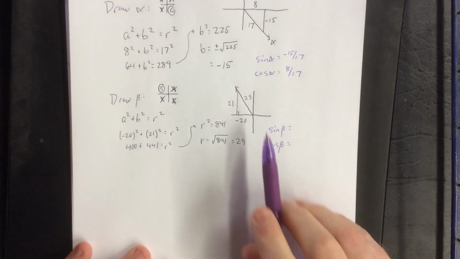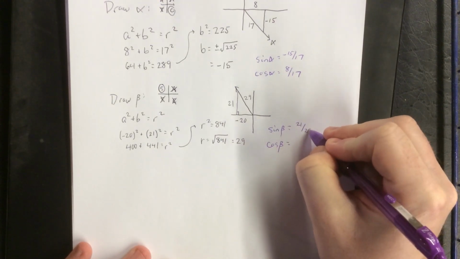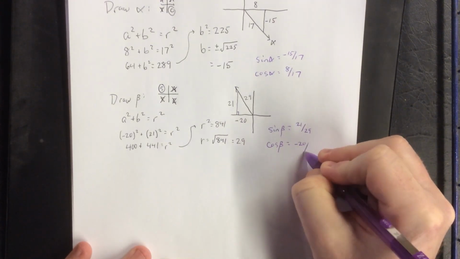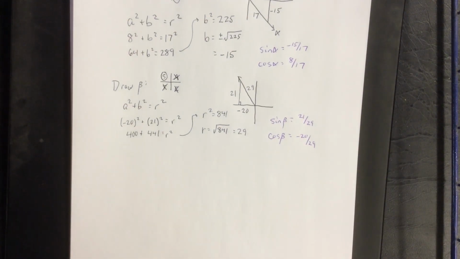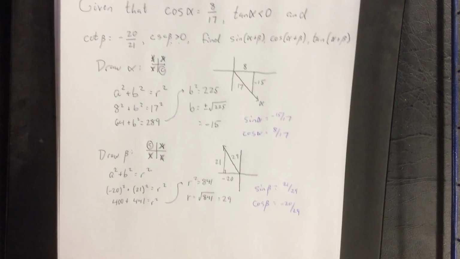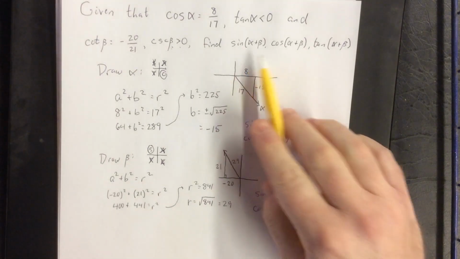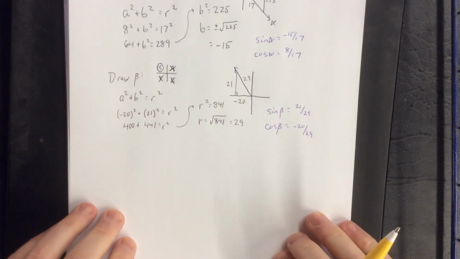So sine of beta is the opposite over the hypotenuse. That'll be 21 over 29. And the cosine will be the adjacent over the hypotenuse, or negative 20 over 29. I'm trying to fit all this on the same piece of paper, but do keep in mind that the original goal was to find the sine, cosine, and tangent of the sum of alpha and beta.